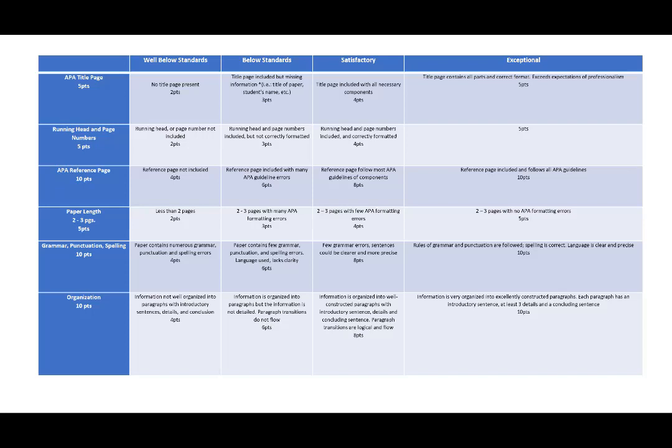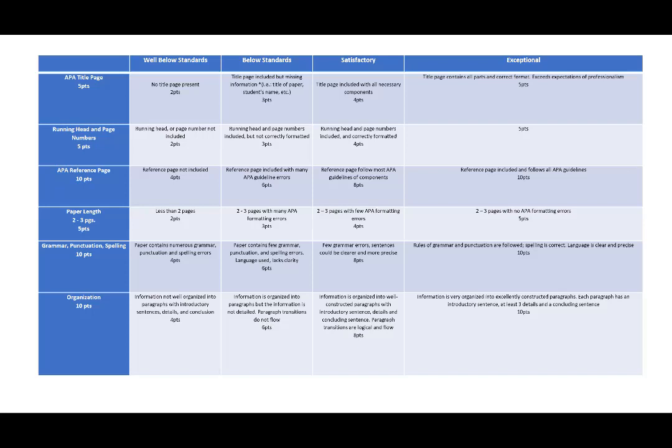It's going to have the title of your research paper. It's going to have your name. It's going to have something like perhaps Salem IoT or Nursing 303, Salem IoT, something like that. It doesn't need to be exactly like they show.